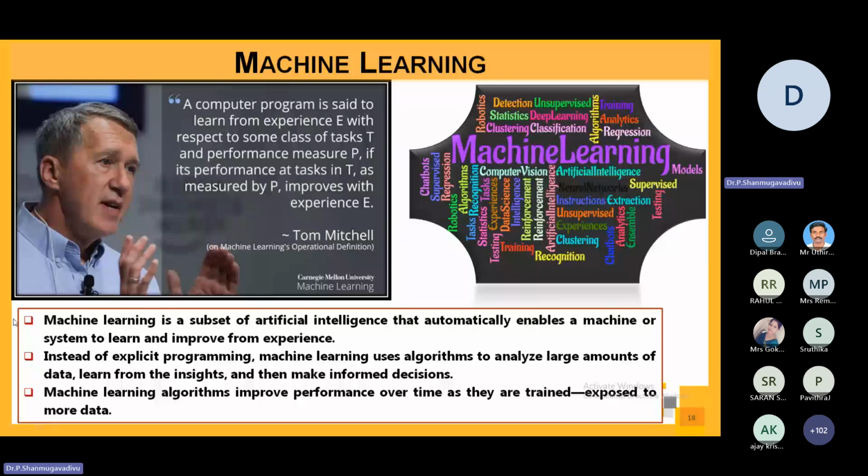So instead of explicit programming, machine learning uses algorithms to analyze large amounts of data, learn from the insights, and then make informed decisions. So this is our outcome. Why do we call this informed decisions? It should always be rational. It should always be well justifiable with respect to the terms and conditions you have for solving the problem.